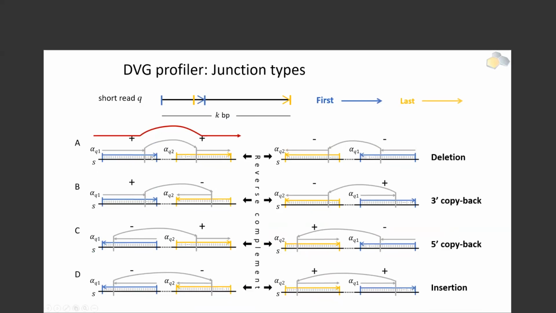If they are also aligning to the genome in the same sequence, like the first being on the left side and the last being on the right side, and there's a gap where you jump, that is practically what describes a deletion, and the distance between these two is exactly the gap, the length of that deletion. But you can also observe this from the reverse complement side, where both directions and what comes first of each split read are reversed. Similarly, if the last section is also second in the subject, but in reverse direction, this is the case that describes a 3' copy-back DVG.